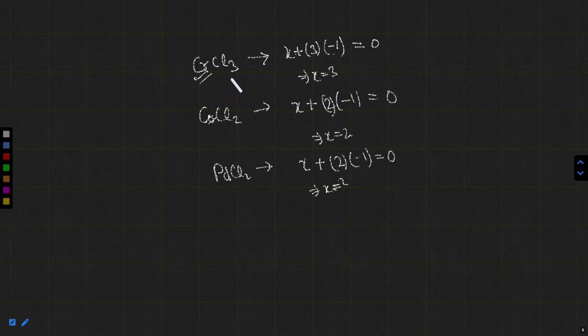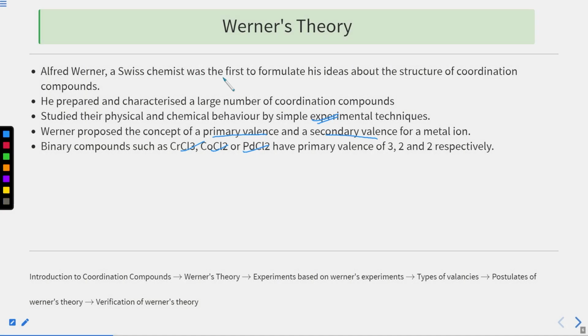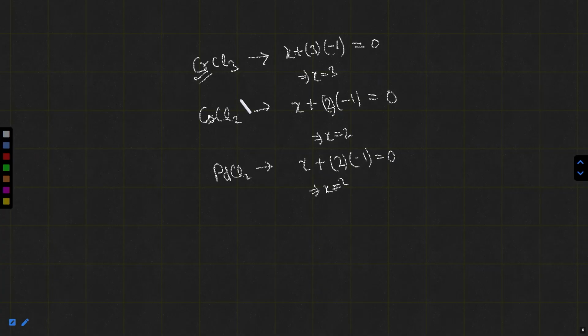So they are satisfying the primary valency, and the number of atoms is 3 in this case for chlorine, so -3. Therefore the oxidation state of our chromium is +3. This is +3, this is +2, and this is also +2.